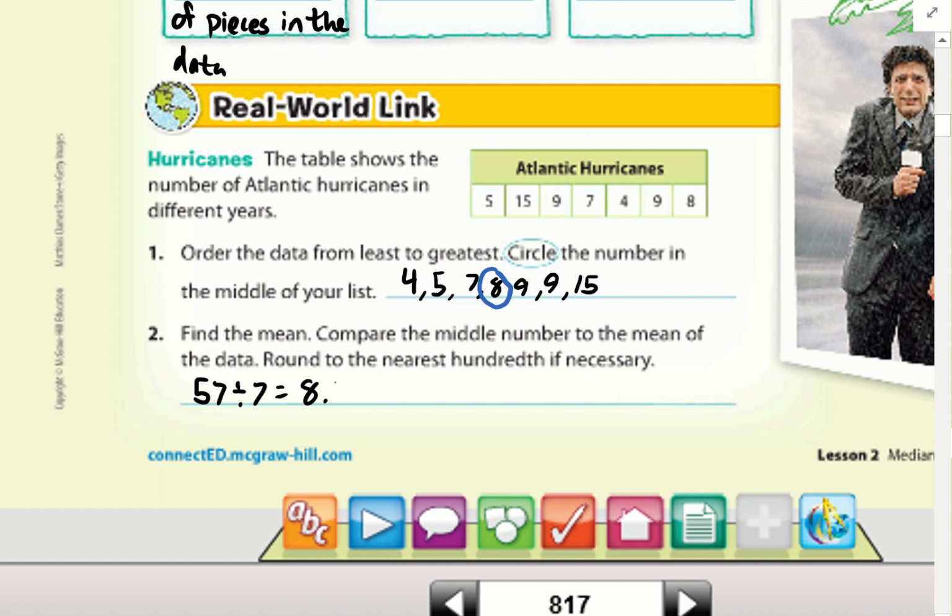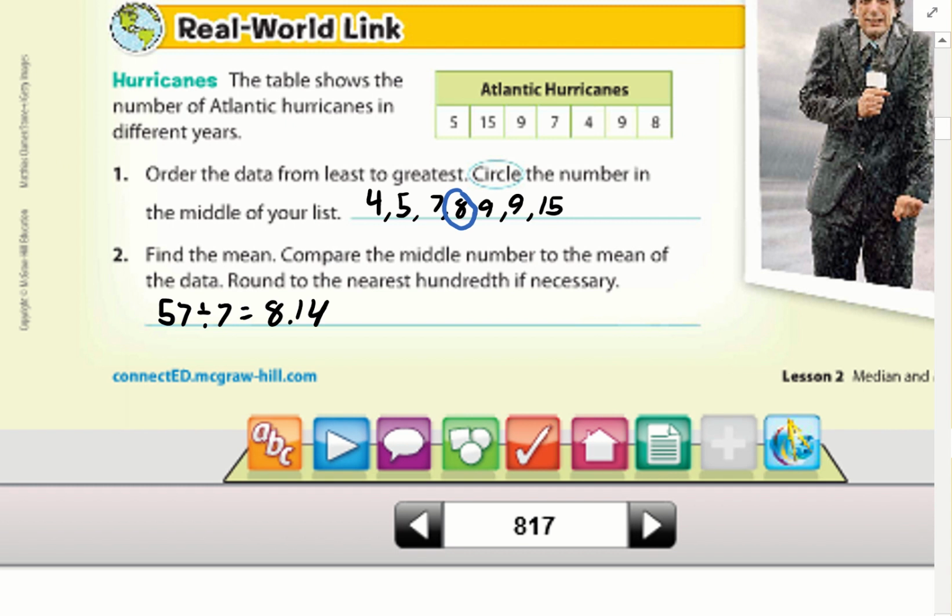And I get 8 and 14 hundredths. So my mean and my median are close. That's just to show that the median is sometimes something you can use to know where the average is going to be close to. By the way, mode is whatever number appears the most. So I'm just going to put a little side note. Mode, the number that appeared the most is 9.